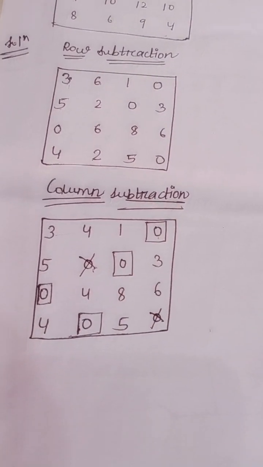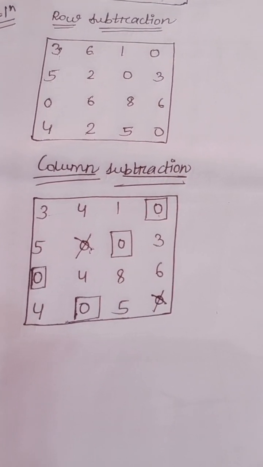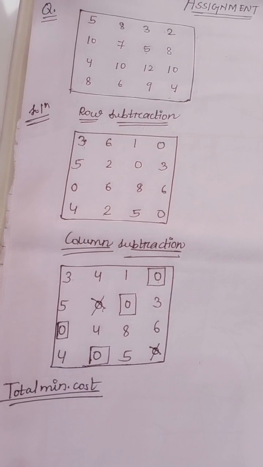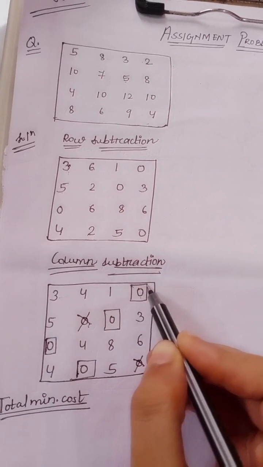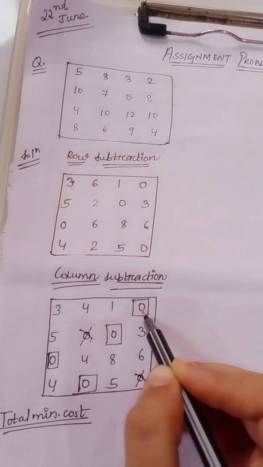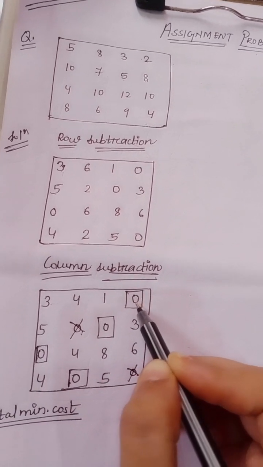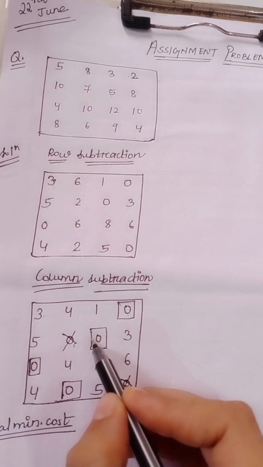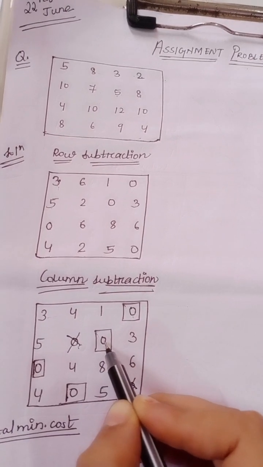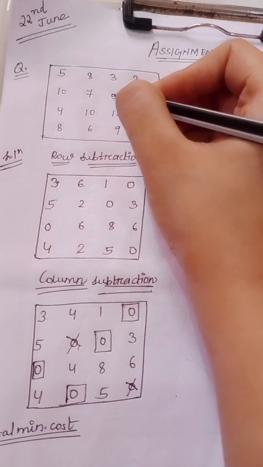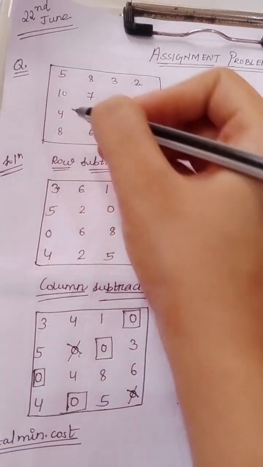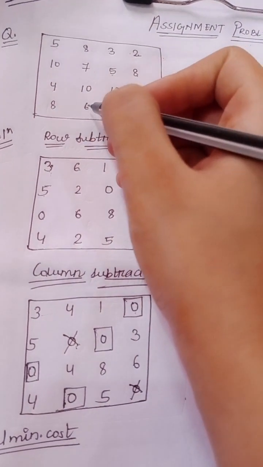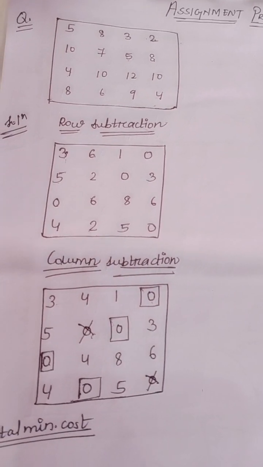So now we'll find the total minimum cost. So how to find the total minimum cost? See, we have assigned here this 0. So the value of this 0 is, see in the question, 2. We have assigned this 0. Value of this here is 5. We have assigned here this 0. Here 4. And this 0 is 6. We'll see from the question.